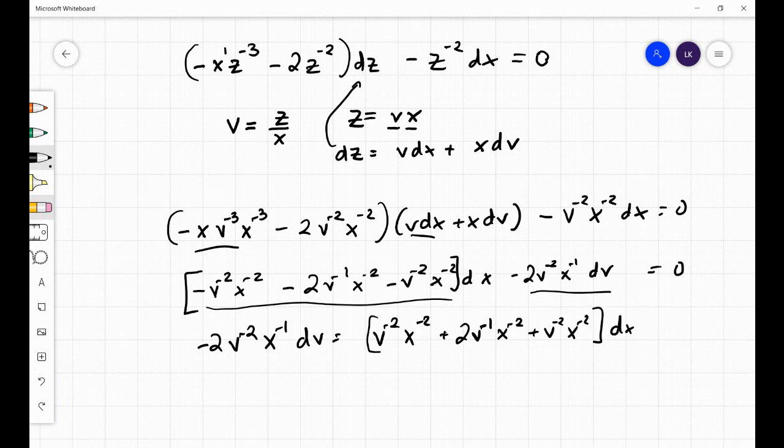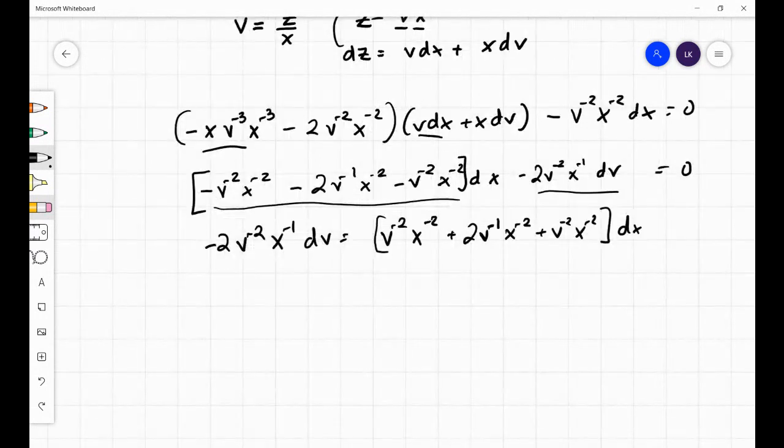Notice that on the right hand side we can factor out an x to the negative 2 power. And we would be left with 1 over v squared plus 2 over v plus 1 over v squared. So let's just double that up.